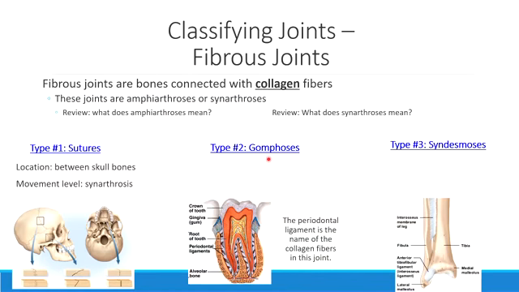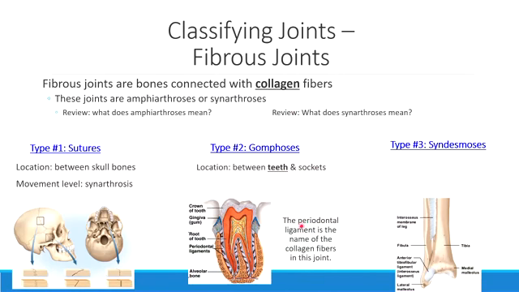Second kind of joint has this really weird name. It's called a gomphosis. What I want you to know about a gomphosis is this is what holds your teeth in place. So gomphosis, this weird word, is just the name of the place where your teeth connect to your jaw bones. We have a special name for the collagen fibers that connect your teeth to the jawbone.